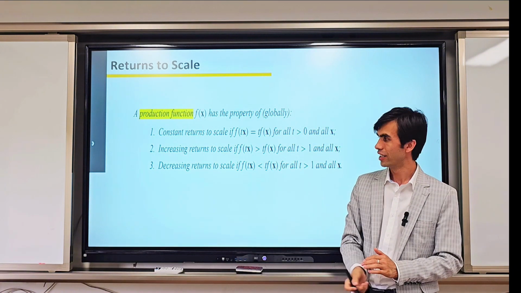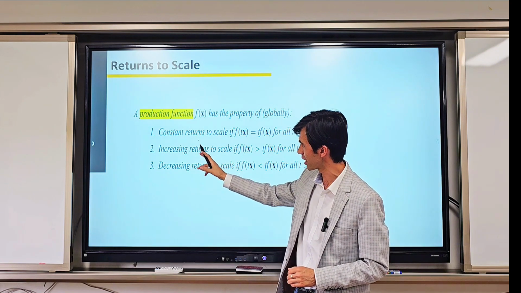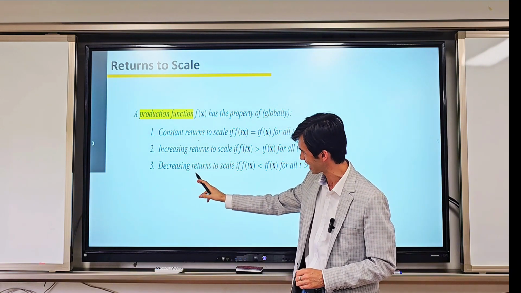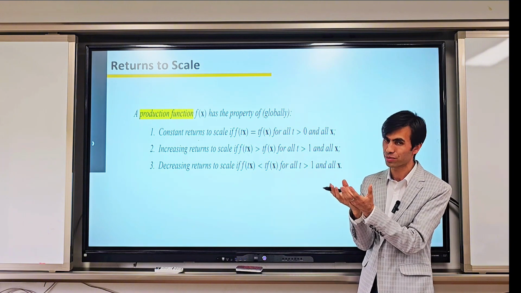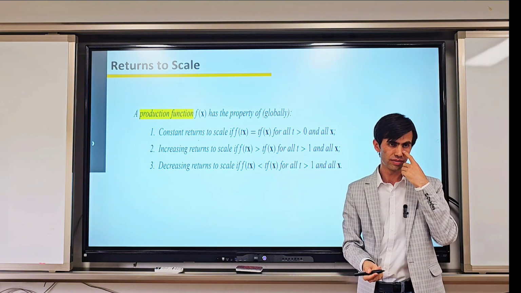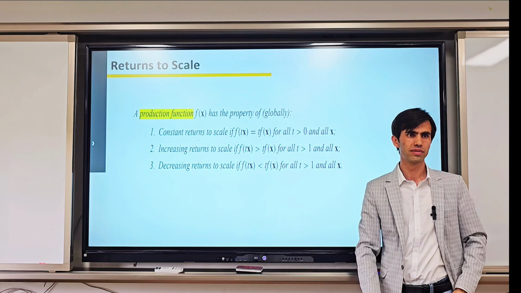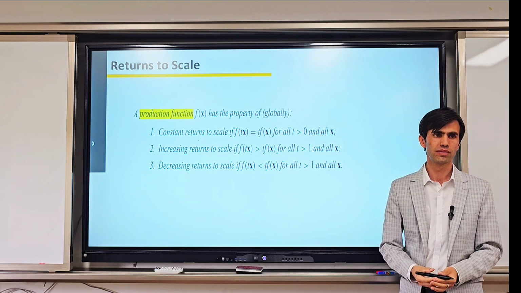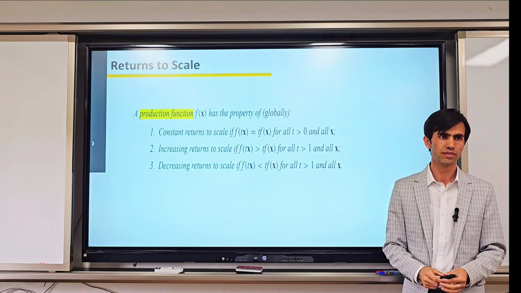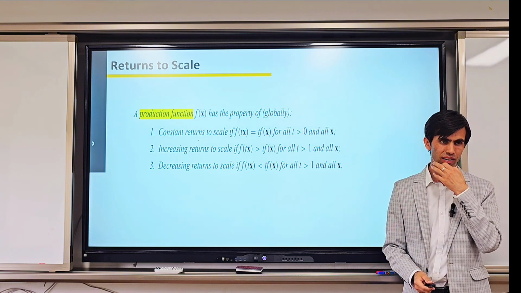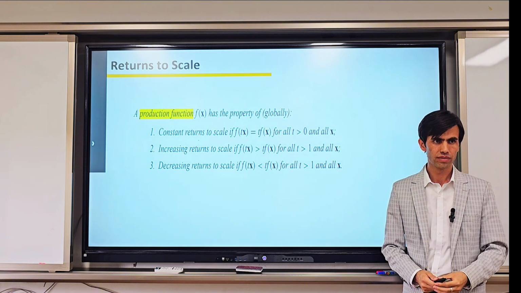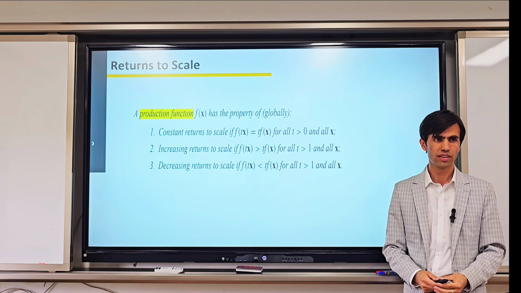So this is the definition for constant return to scale, increasing return to scale, and decreasing return to scale. What is the definition for the overall concept of return to scale? If all factors of production are multiplied by t, what happens?